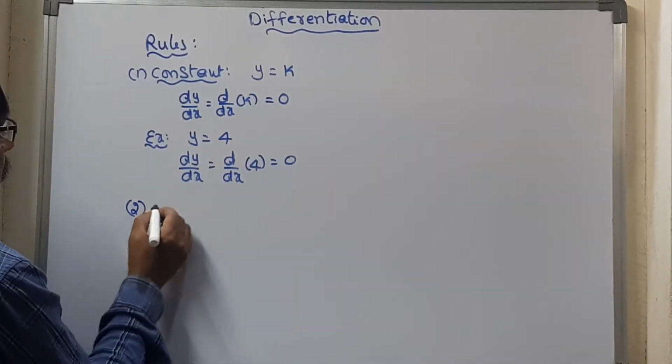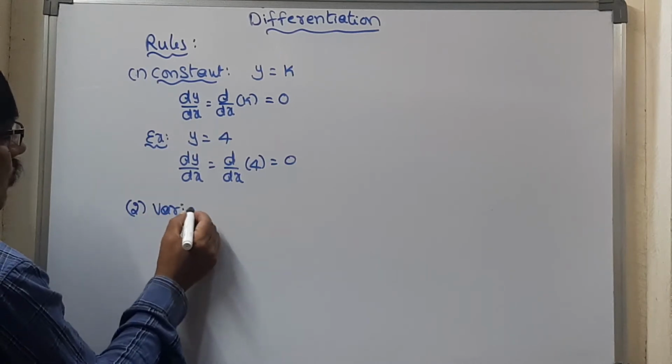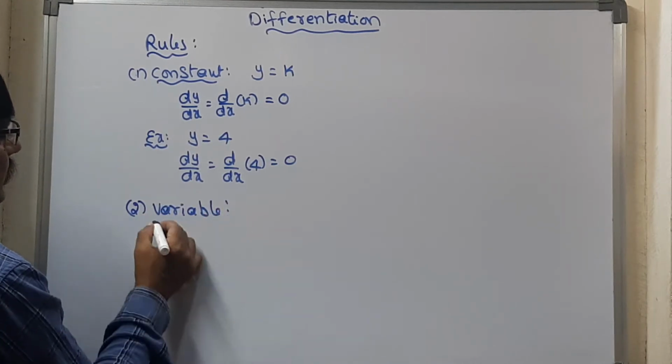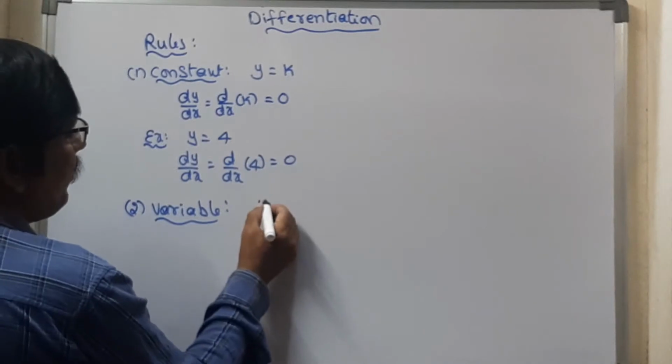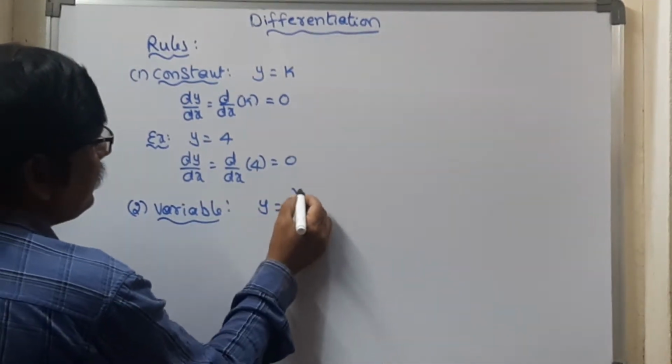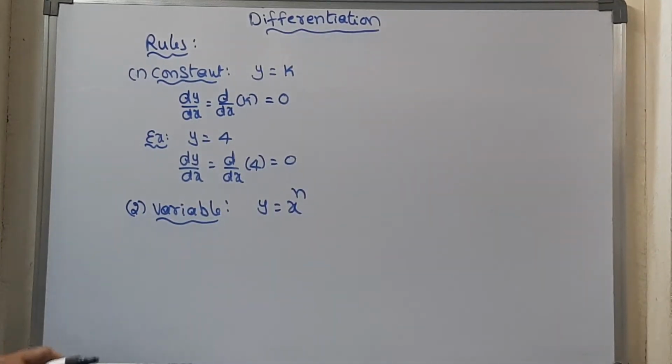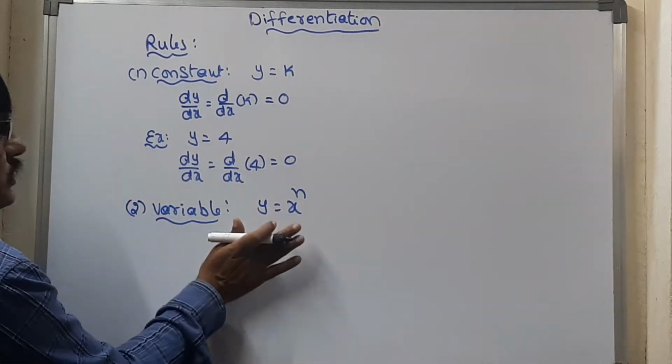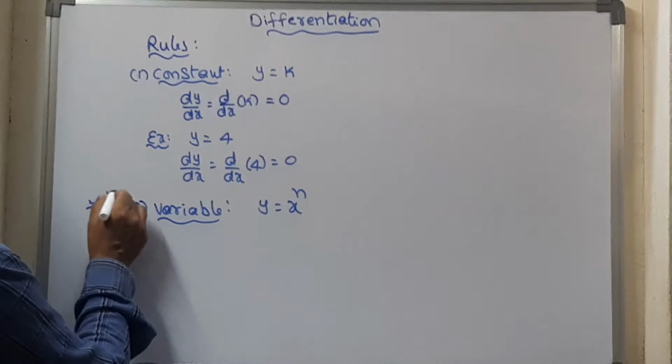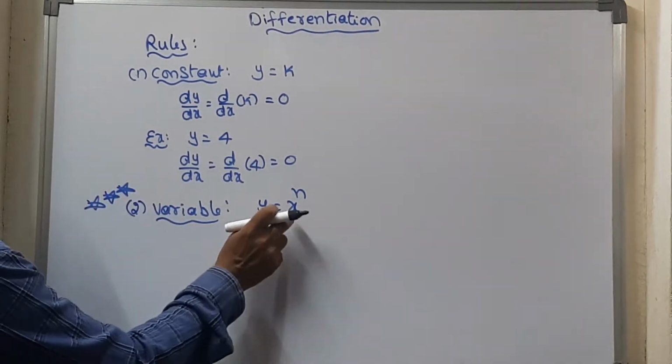Now let's go with the variable. So how the variables? Now let us change. For example, this time y is equal to x power n. How can we get the differentiation form for this one? This is the most important one. You should have a very good idea about this one.